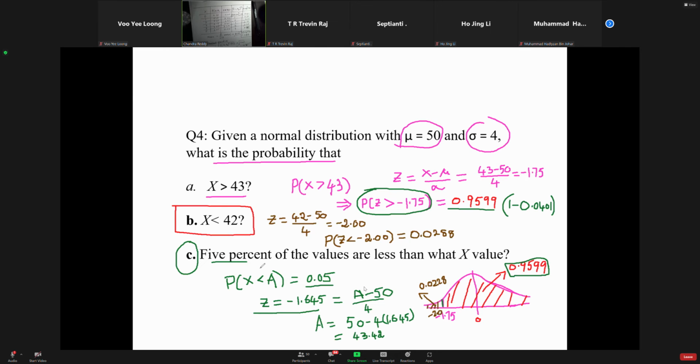So for 5% probability, you need to check the Z value. The Z value will be negative 1.645. So when the probability is 0.05, then the Z corresponds to negative 1.645.